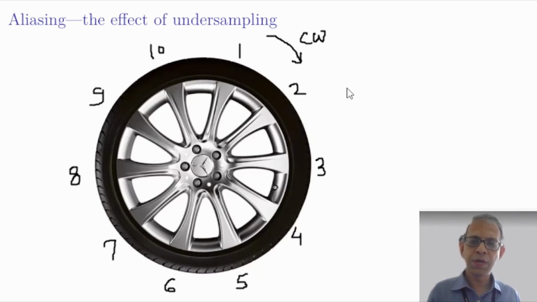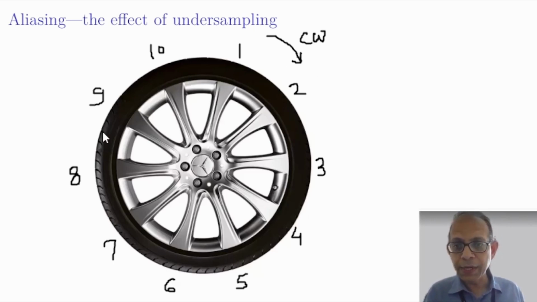Now suppose we increase the speed of this wheel, we double the speed, so that after 1, the second sample that we observe is 9 and not 10. We don't see 10. After 1, we observe 9, and then 7, and then 5. So now the wheel still appears to be rotating clockwise correctly and at a speed double than the previous case. Of course, in this case, the sampling rate relatively has become 1/2 of the previous case.